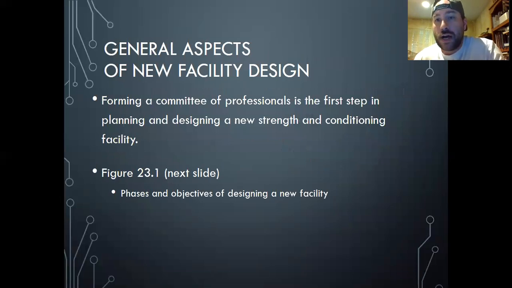So let's talk about the general aspects of new facility design. You need to form a committee of professionals, meaning it's not just you, it's your investors, right? It's your architect, it's everything that you need. And you can't just go get just any architect or any facility designer.